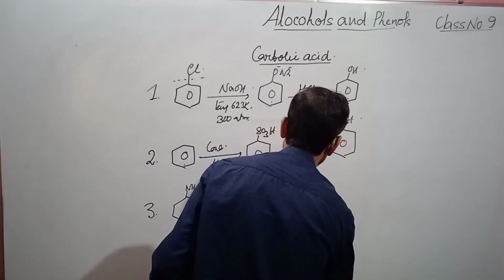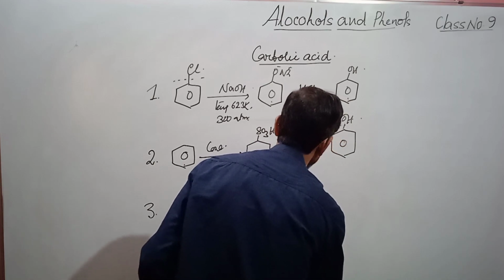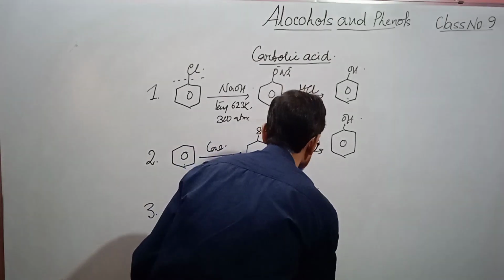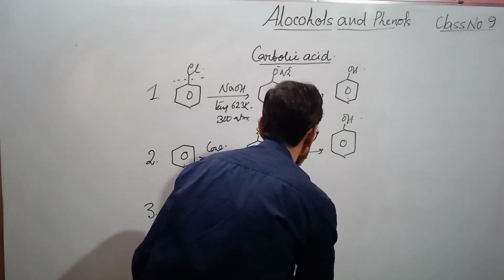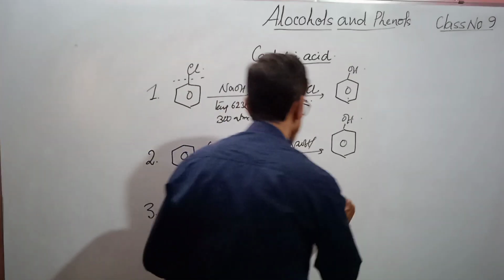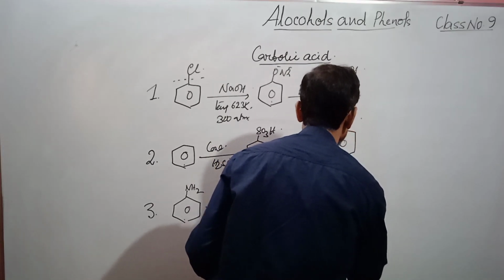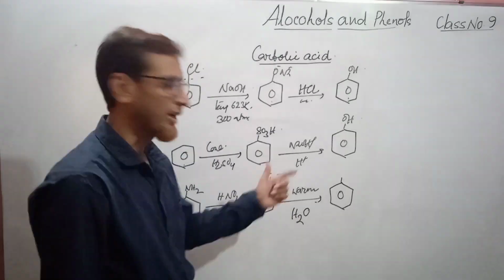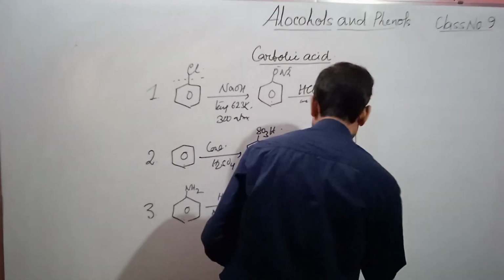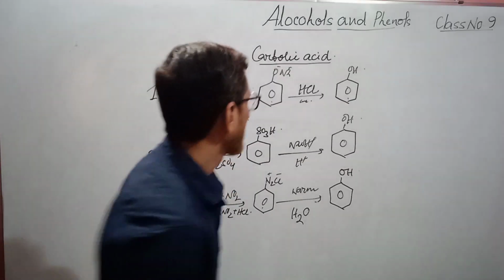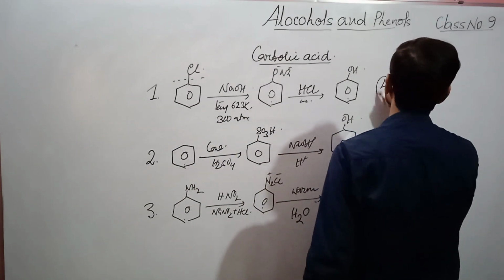And I have already given this reaction, benzene diazonium chloride, in BOM entrance exam 2 years ago. A question was asked, what happens when benzene diazonium chloride is treated with water in one condition? Answer is phenol. So fourth one is very important.